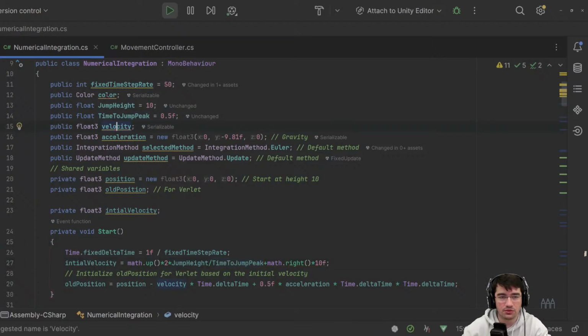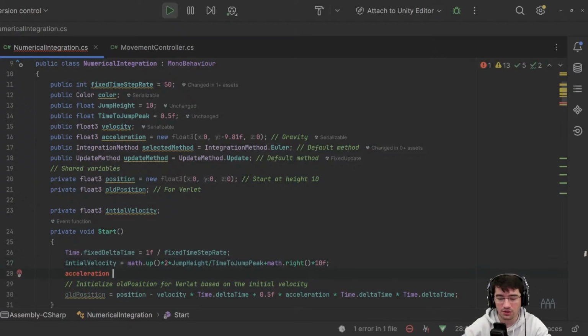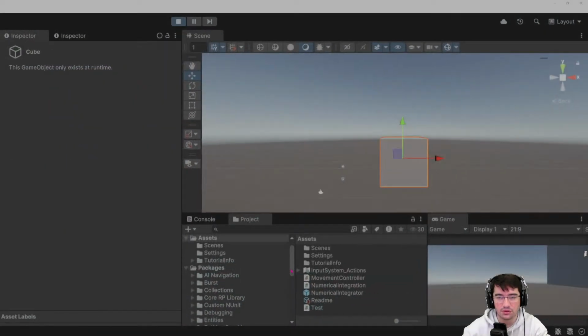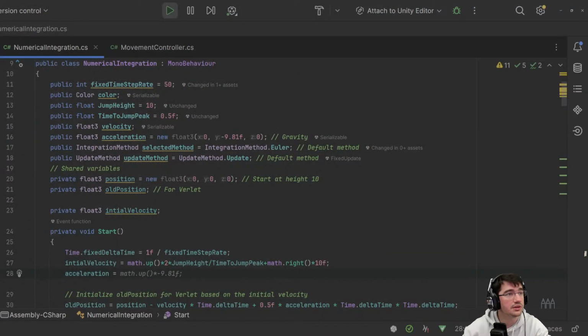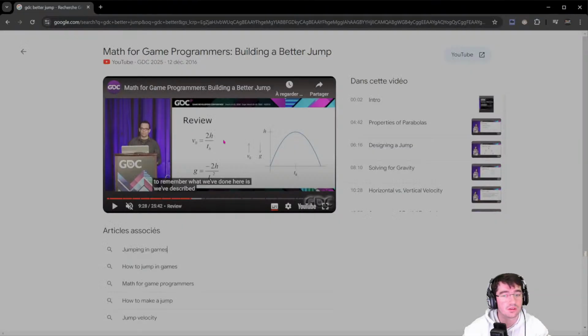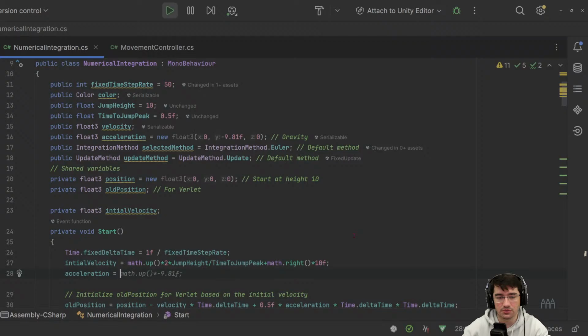But I need to change my gravity acceleration, which will be equal to minus 2h, so negative, good, over time to peak squared.